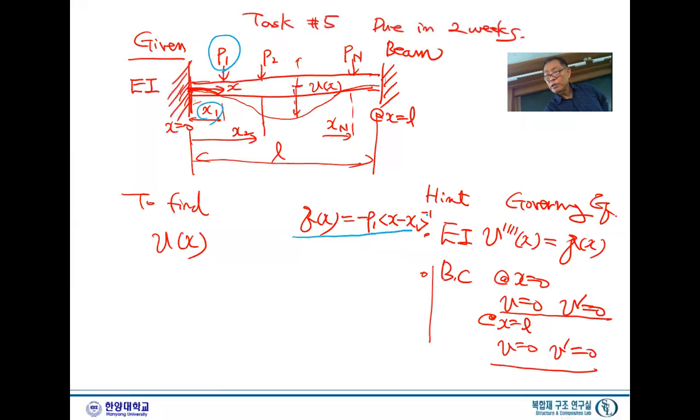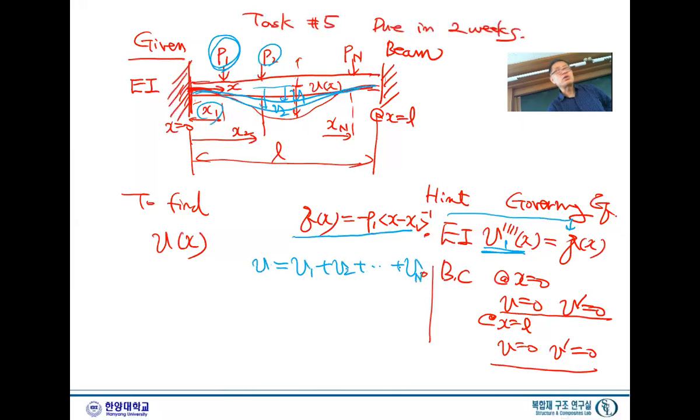Put it here with the boundary condition, and you solve this one, which I will call V1. This one will cause some V1, and P2 will cause another one, which we'll call V2. So V1, V2, and so on, this is a total V, and that will be the solution.